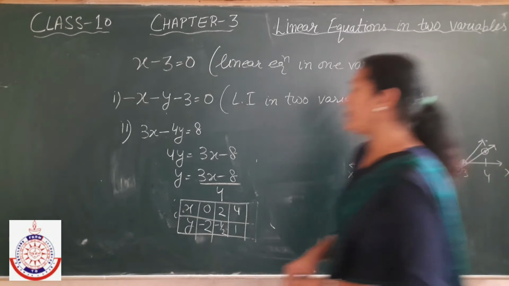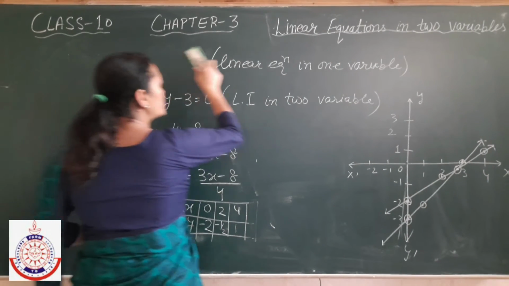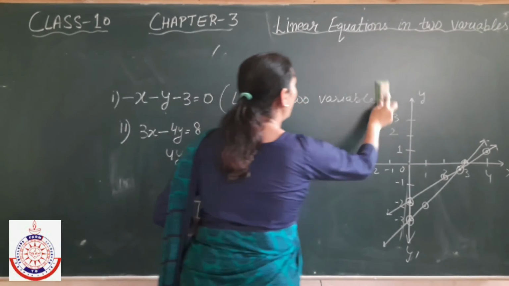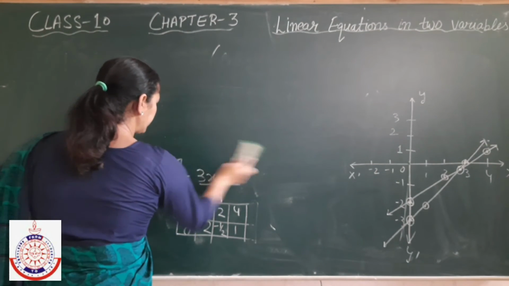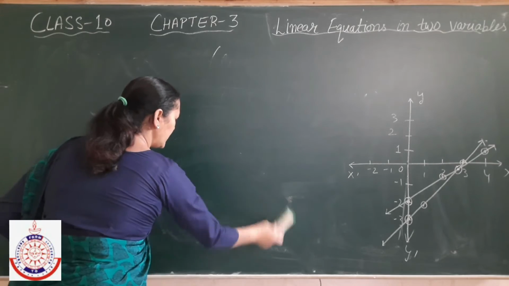So what we have to remember, whenever we draw two equations on a single graph, what options can be there?